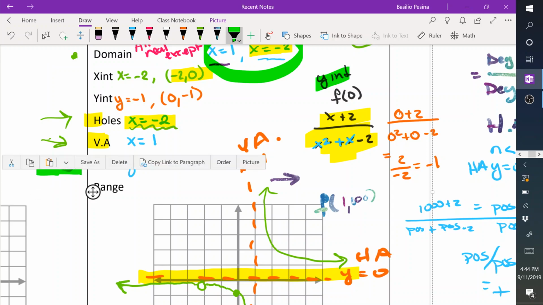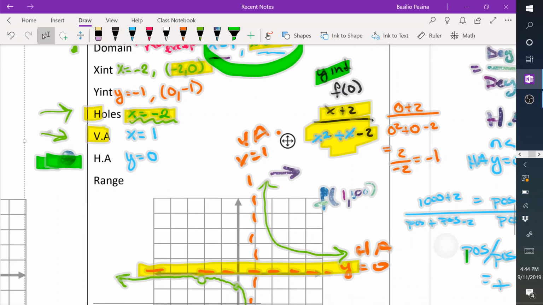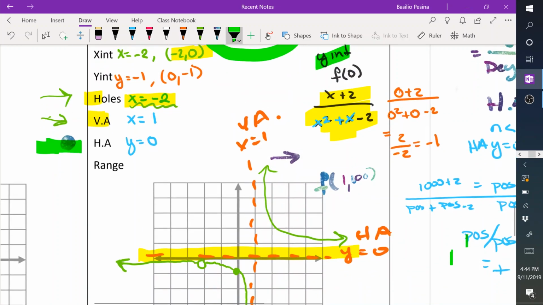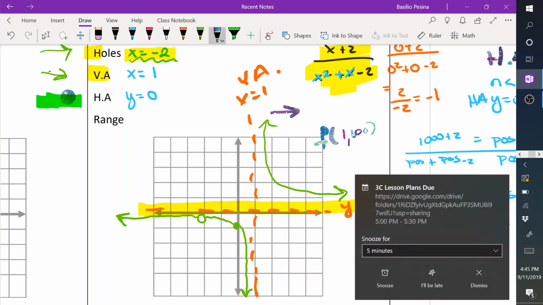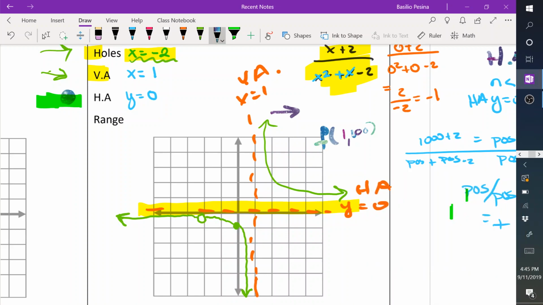How can I go ahead and find the range, guys? We're pretty much continuing to notice what the graph is doing. How low does this graph go? Well, the graph has this part right here that's going towards negative infinity. So our range should start off with negative infinity, and it's going to go all the way up, but there's a hole right here, and we found out that the height of that hole was negative 1/3.